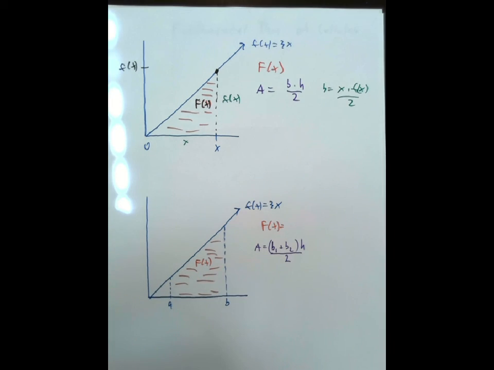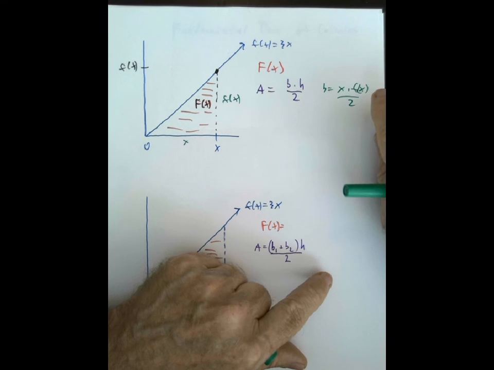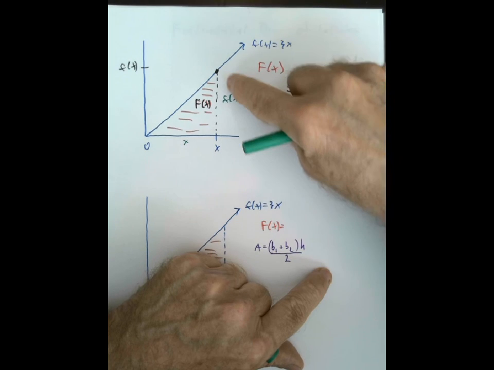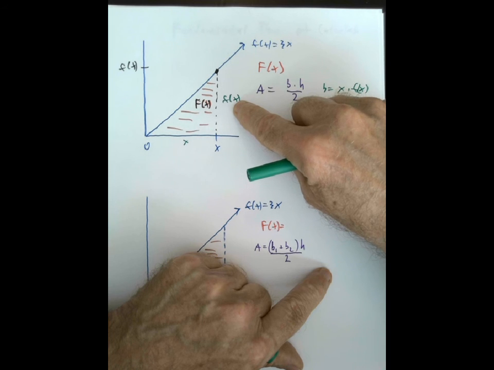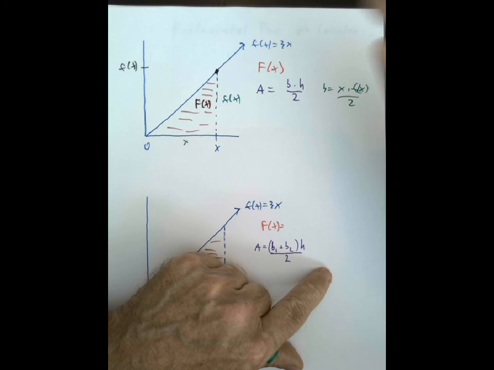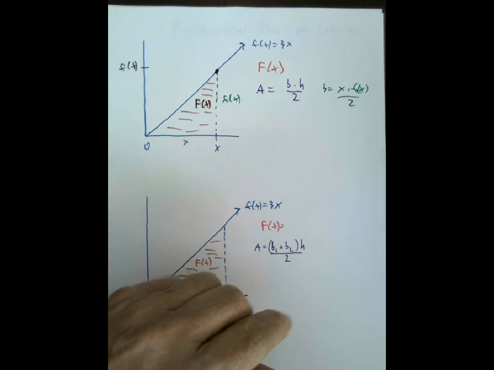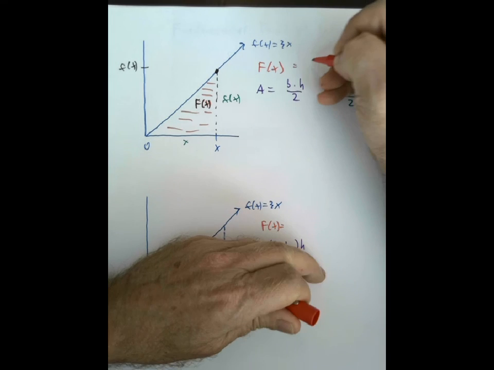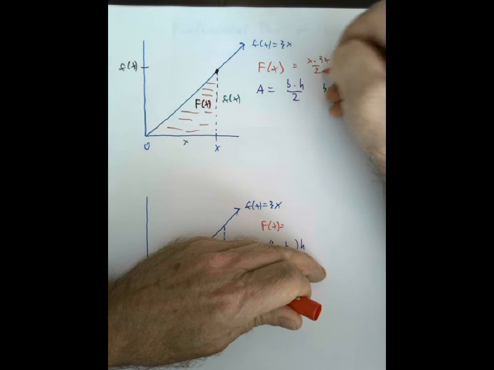Okay, well, for this specific curve, if this is x, what's f of x going to be? For any given x, f of x is going to be equal to 3x. So I'm going to write it up here. F of x is equal to x times 3x divided by 2.